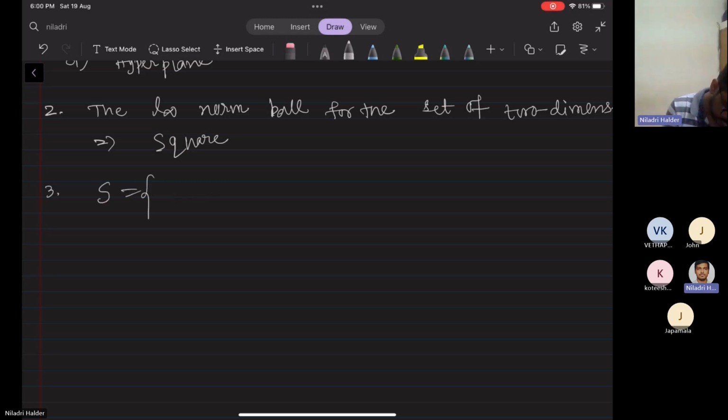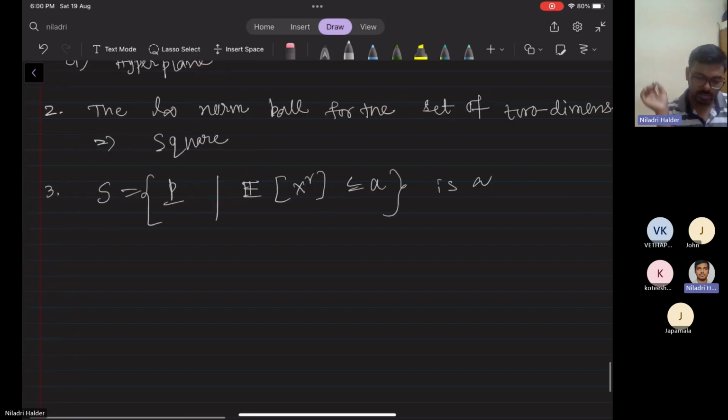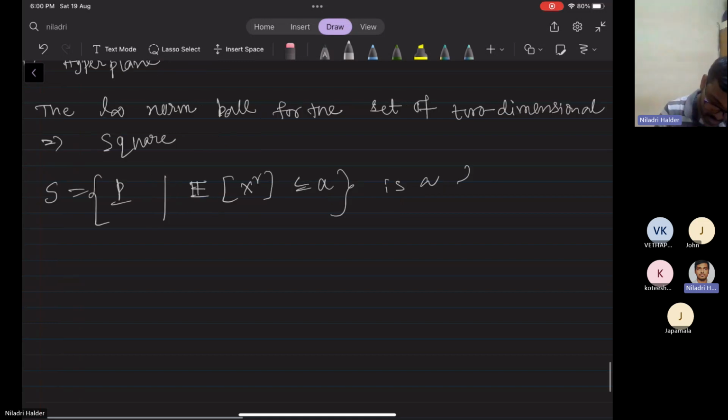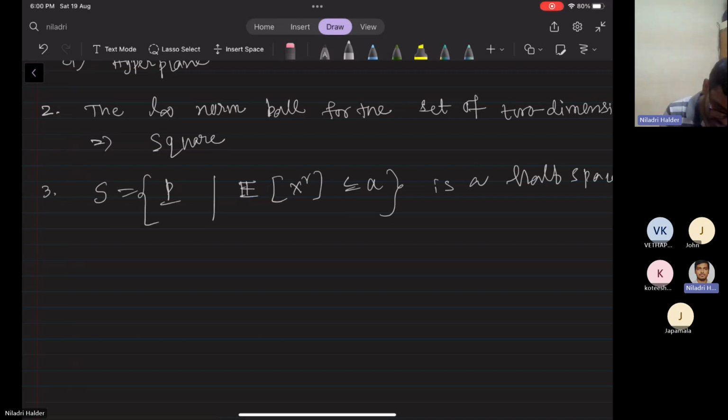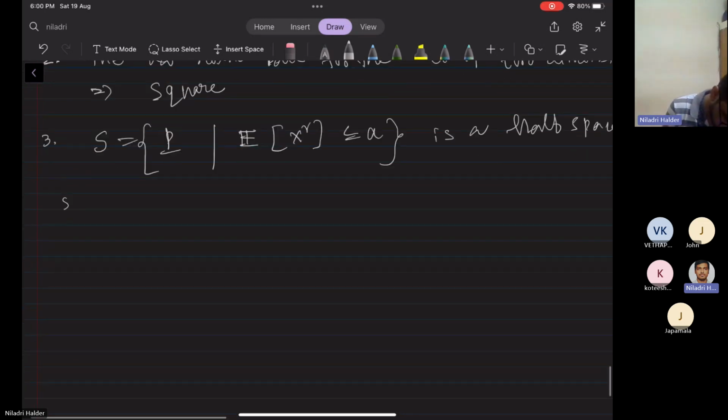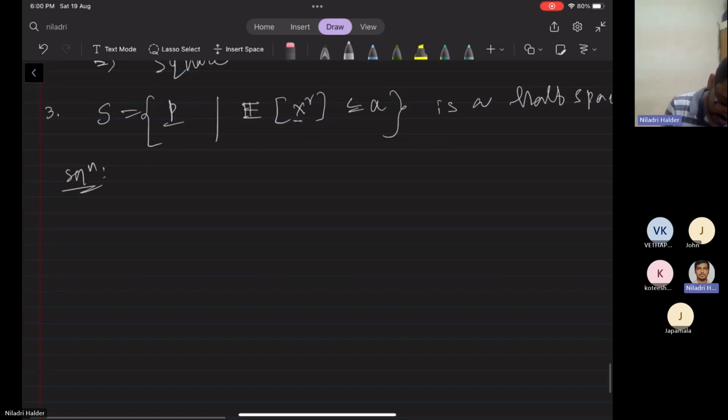It is a set of vectors such that, what is it? It is a half space. Why half space? Professor has already mentioned this, so I can also write it down. So the half space is this expectation of x square.